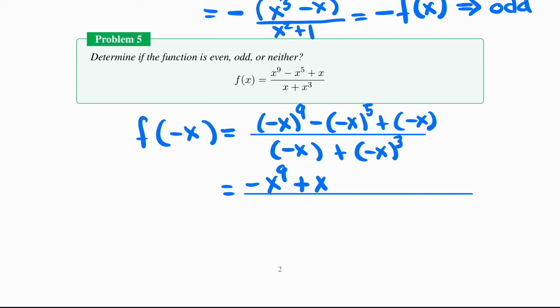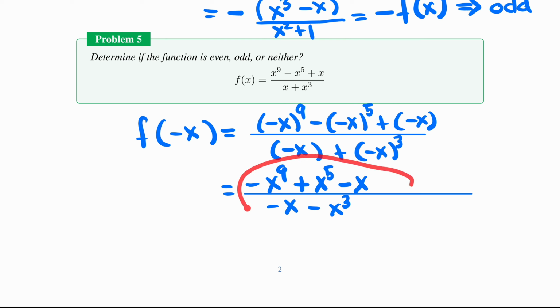So I have positive x to the 5. At the last term, I just have a negative x. Moving on to the bottom, not much to do, just remove the parentheses. Going on to the last term, because it is a power and the power is odd, the negative comes out. Okay, let's analyze this.